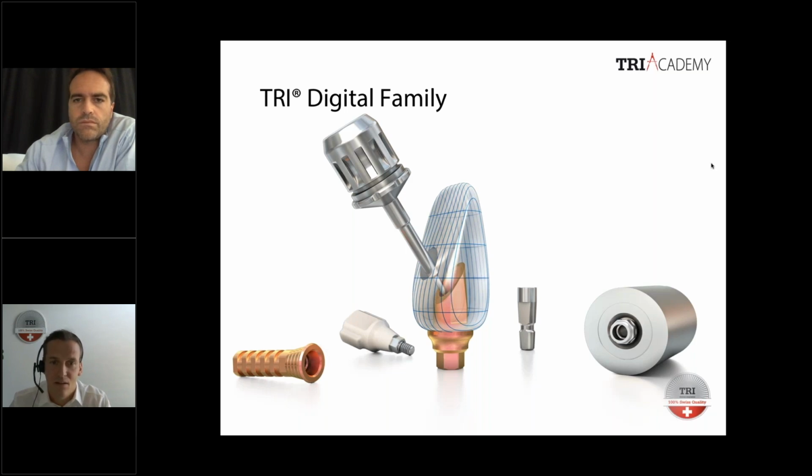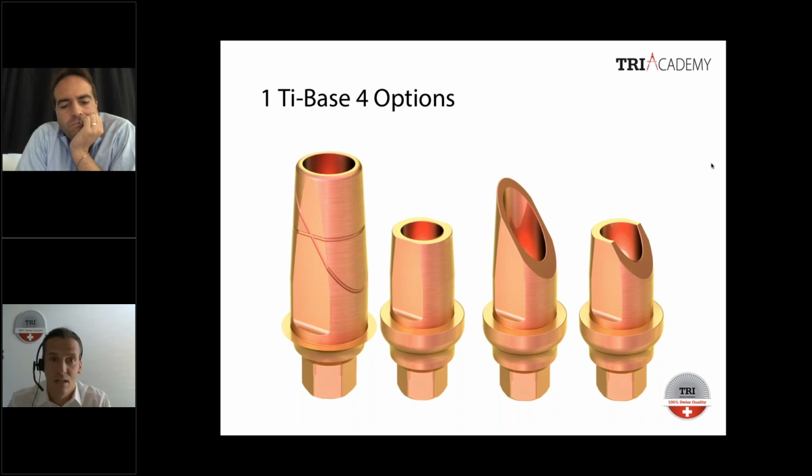On the left side, you see the tie base in its full version, and you see cutting lines, a horizontal one and an angulated one, and this makes it possible to do these 4 different design possibilities out of this tie base. So in the software, you have 4 different design possibilities.